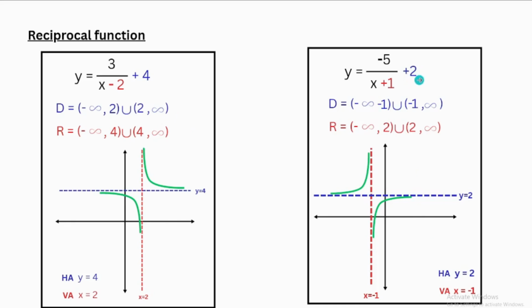We will take 2 and make a horizontal asymptote, and -1, the opposite of this, is the vertical asymptote. We will make 2 boundary straight lines. We can't touch these 2 lines. So we say that the domain equals from minus infinity to -1 union -1 to infinity, and we have to check this is open. When we talk about the range, it's also from minus infinity to 2 union 2 to infinity.